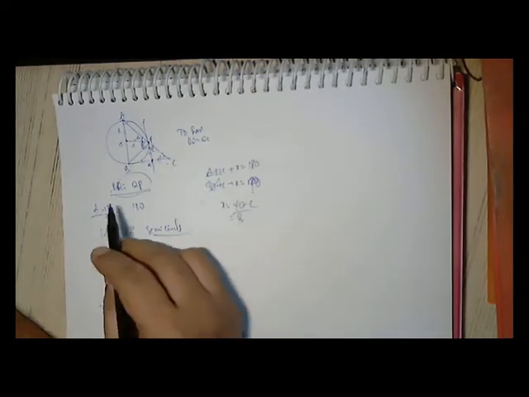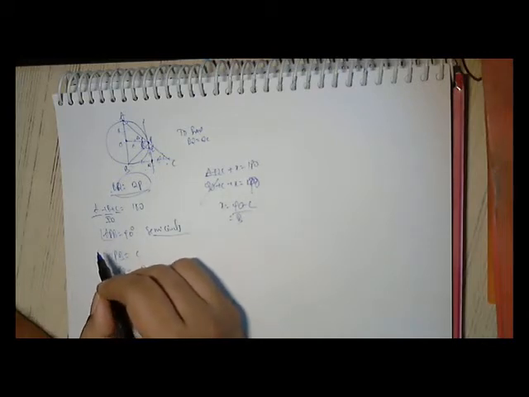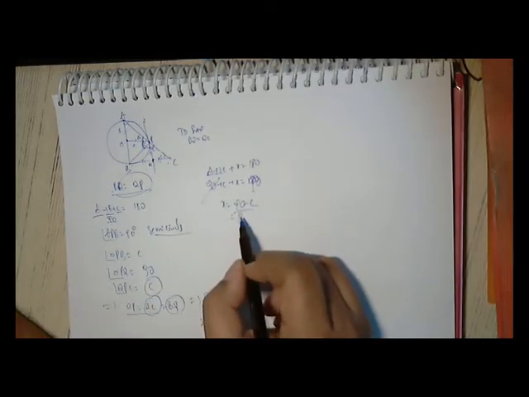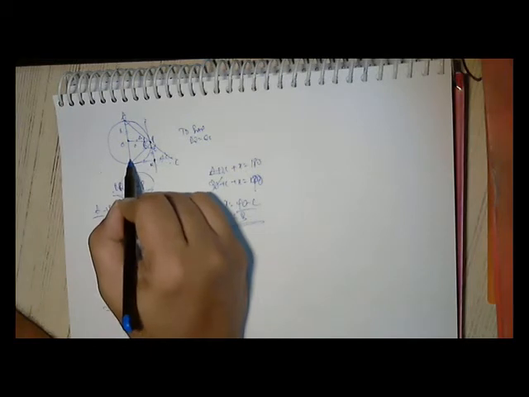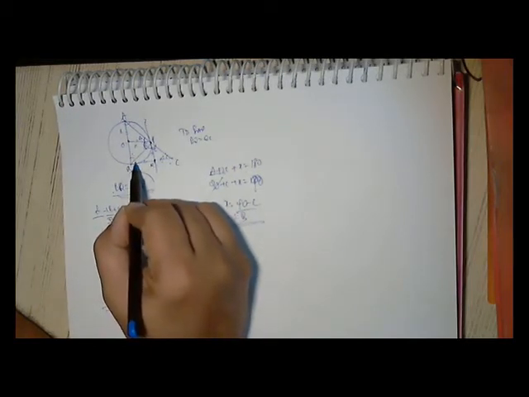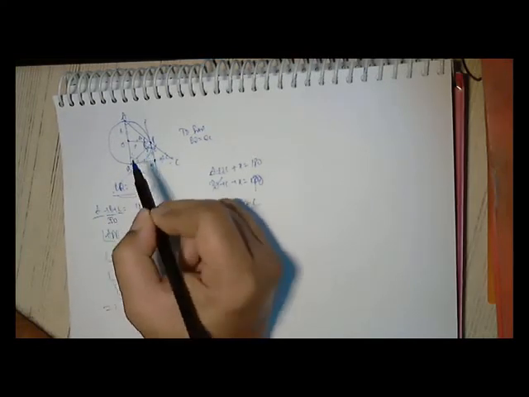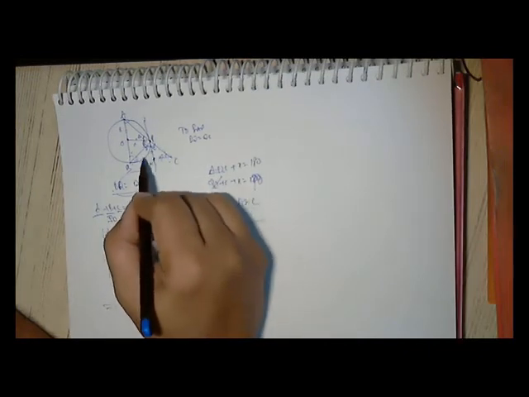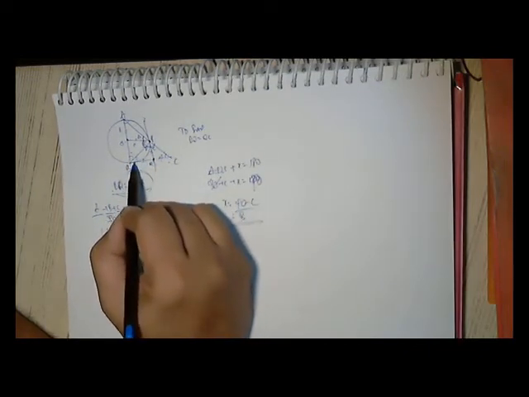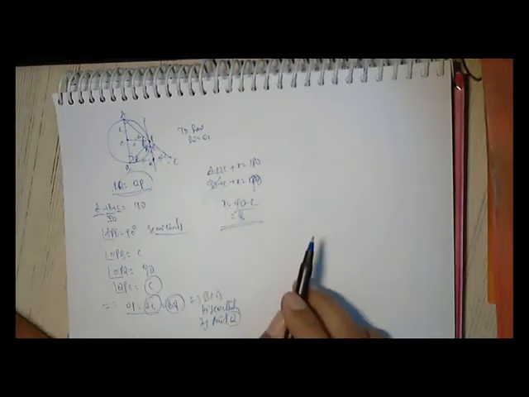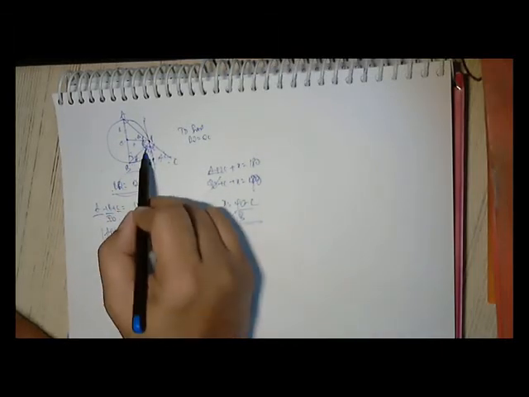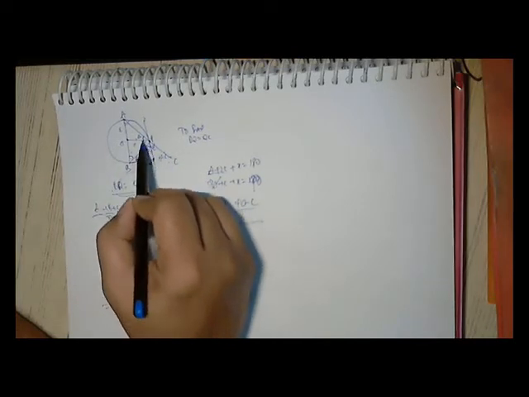90 minus C means B. Let us say this angle is C, so this is 90 minus C, which means B. This is 90, this is C, 90 minus C is A. This is A, because A plus C is 90.